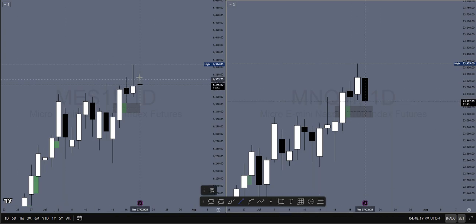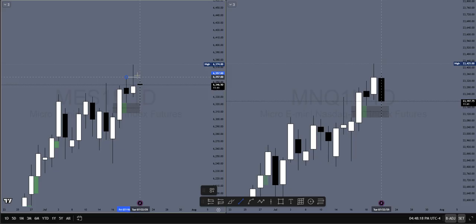So how I would have seen today is on ES, we ended up sweeping previous day's high, but not showing displacement. If we show displacement, meaning a candle closed over the previous wick, that would have been displacement.